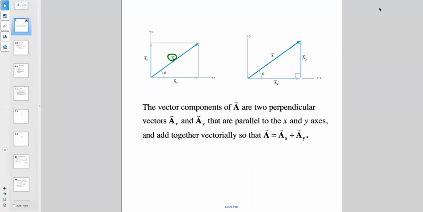Starting with part 2 of chapter 3, what we saw in part 1 last time is that if I have a vector A, I can split it into its x component and y component. One is along the x direction, the other one is along the y direction.